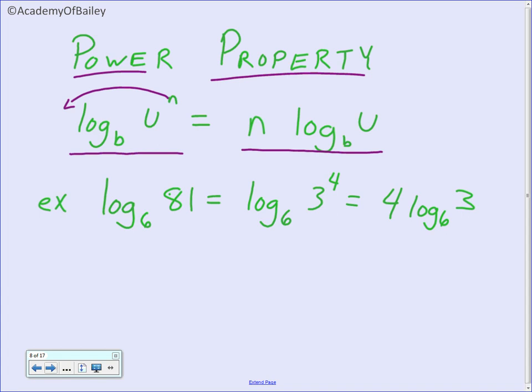So in the example, log base 6 of 81, well, 81 breaks down into 3 to the 4th power. And so I've just changed 81 to 3 to the 4th power. And since 4 is now the exponent, it'll come out in front. So we have 4 times log base 6 of 3, log base 6 of 3 with the exponent in the front.